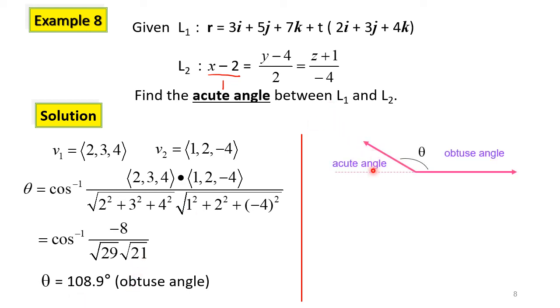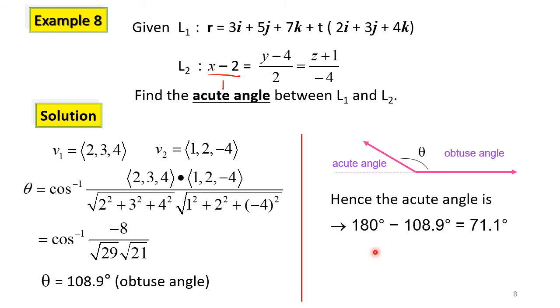As I said earlier, it actually refers to the same angle, so you find the angle besides that. We subtract from 180 to get the acute angle: 180 minus the obtuse angle 108.9, so we get the acute angle of 71.1 degrees. That is the acute angle between L1 and L2.